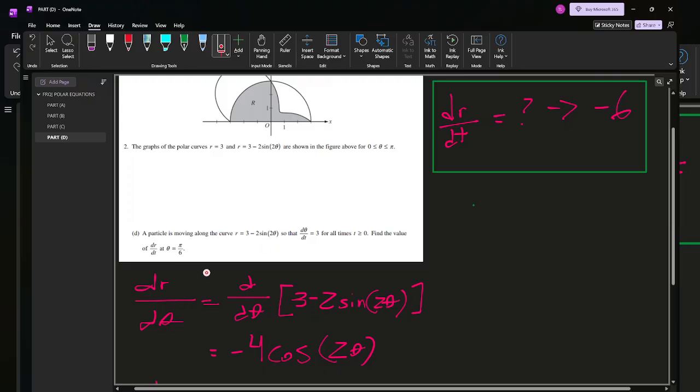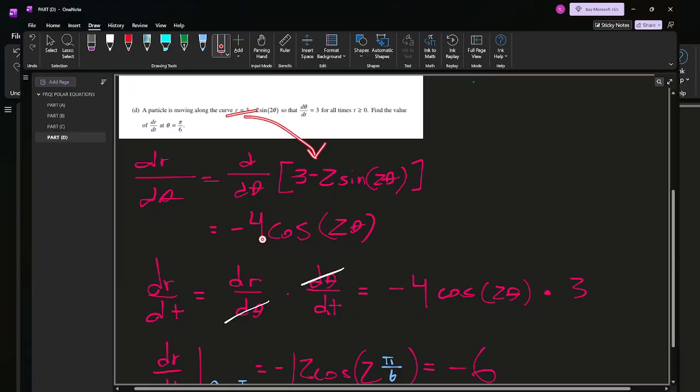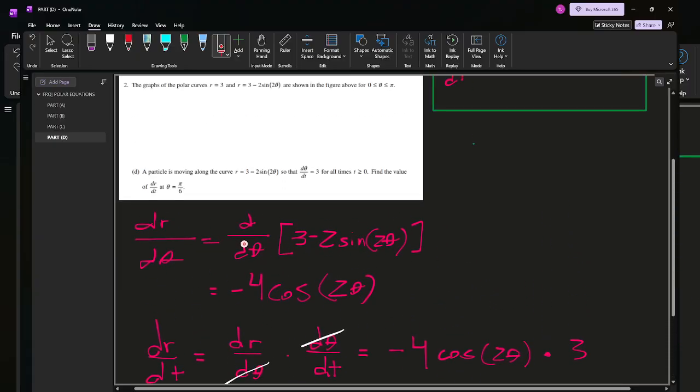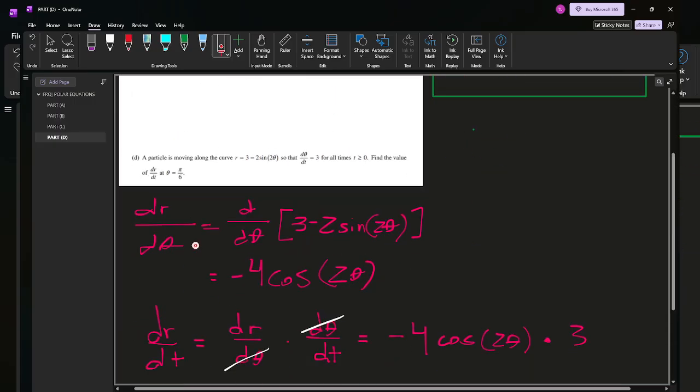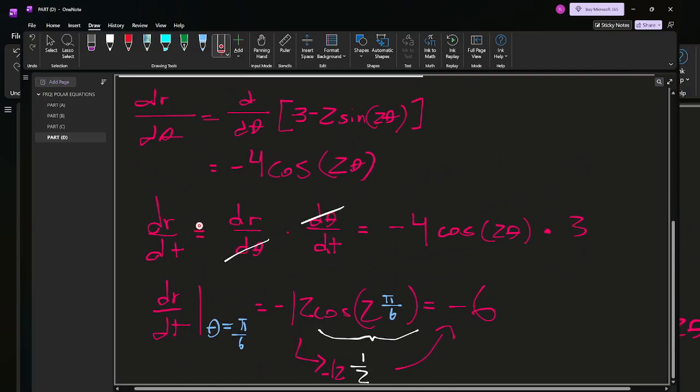What we have to do is take the derivative of r with respect to theta, which gives us negative 4 cosine 2 theta. The whole point of finding this derivative is that we can perform a cancellation technique. So dr over dt is equal to dr over d theta times d theta over dt.